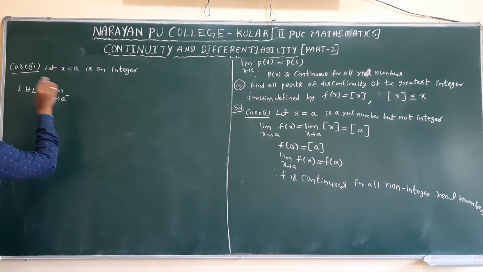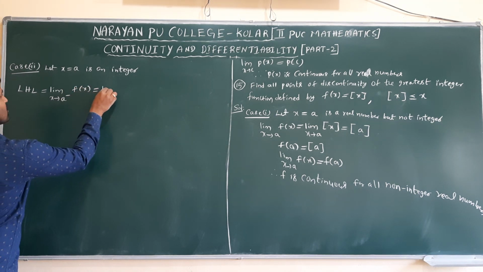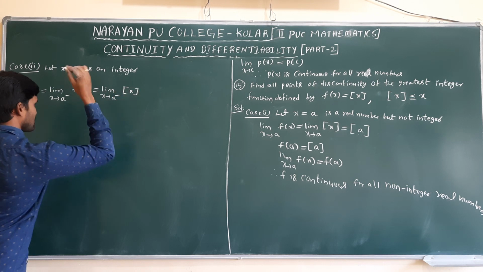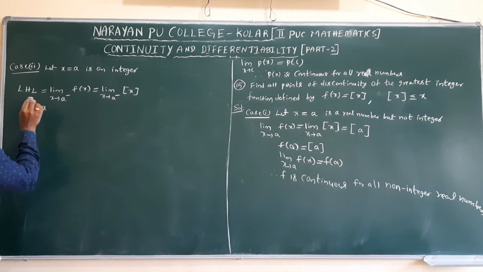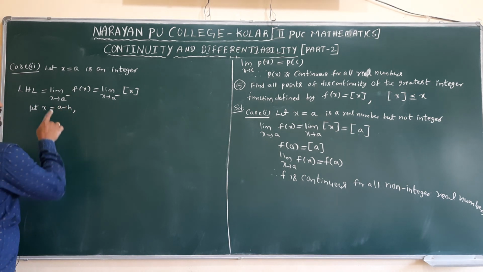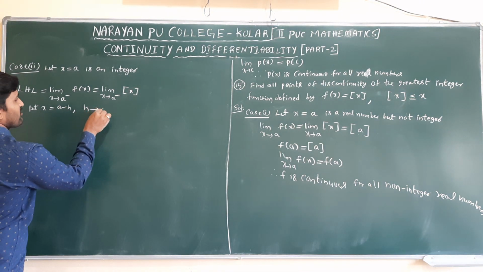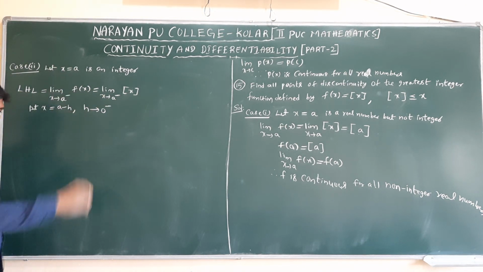Limit x tends to a minus of f of x equals limit x tends to a minus of step of x. Here we need to take x equal to a minus h. When x tends to a, a cancels, h tends to what? 0. For LHL we are taking the symbol minus.